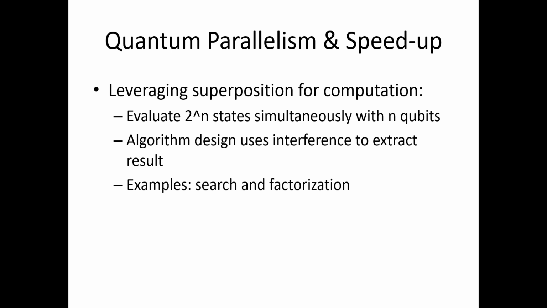The real art in quantum algorithm design is using interference to cleverly extract useful information, often just one specific result or property from the massive parallel exploration, leading to speedups for problems like search and factorization.